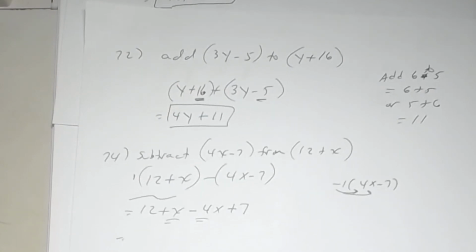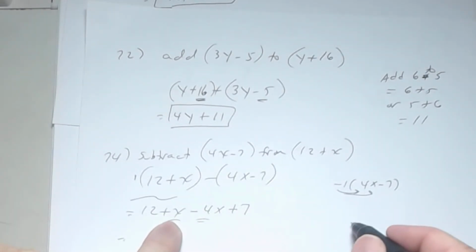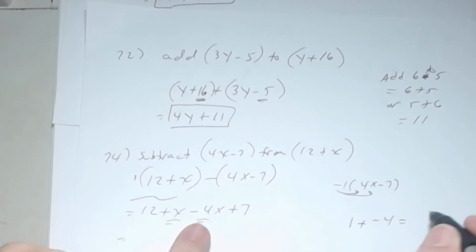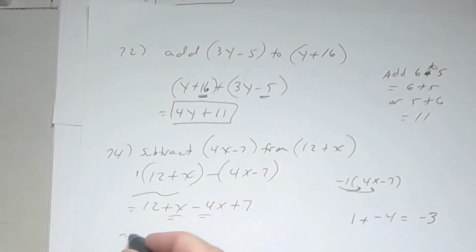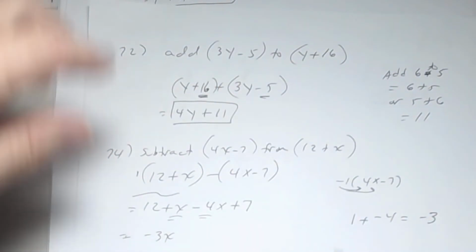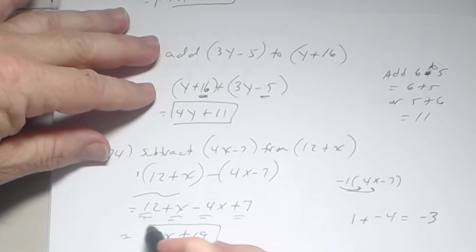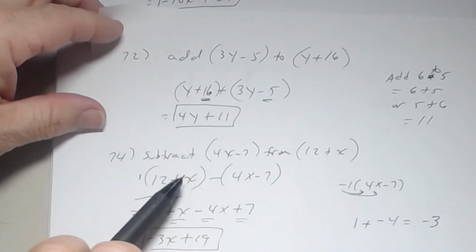Yeah, if you can't figure it out right away, use your calculator. What's this coefficient that I'm pointing to? 1 plus, what's this coefficient? On your calculator, 1 plus the negative 4 is a negative 3. So what's x then and a negative 4x? Negative 3x. Okay, now your constants. What's 12 and a positive 7? 19.